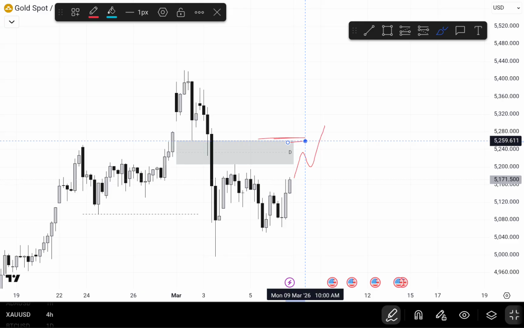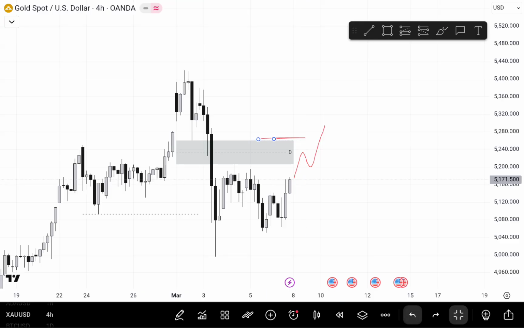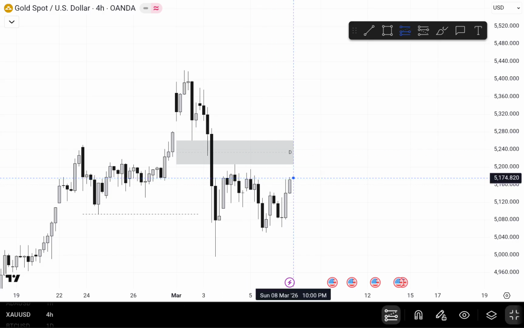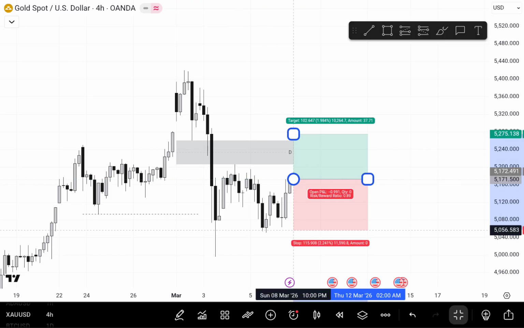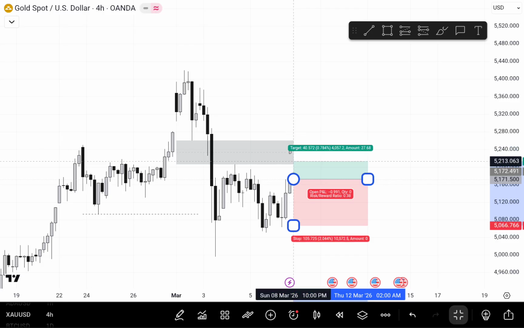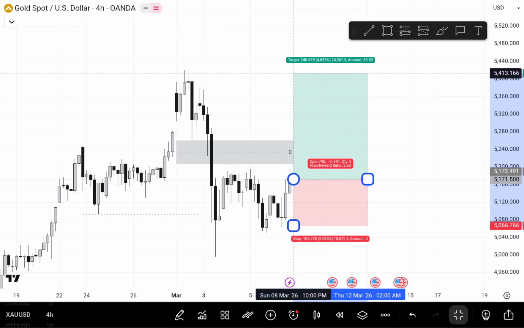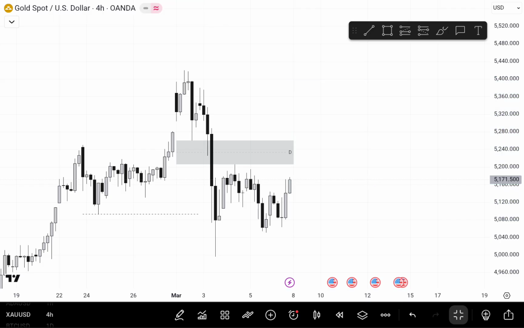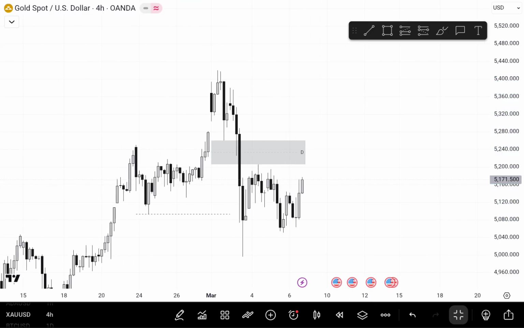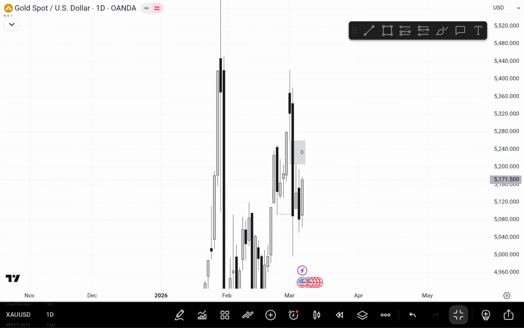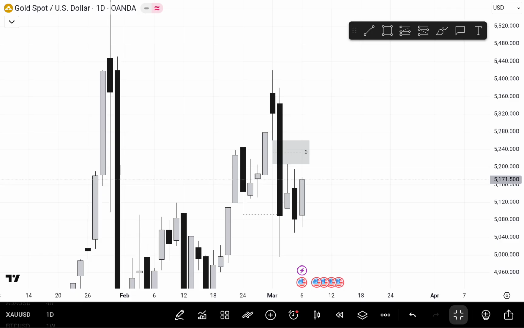So normally I would have placed my entry, just taken this 4 hour fair value gap as an entry, but it's actually low probability because of this opposing daily fair value gap that we have. So I'm waiting for a more clear direction, because this daily is saying something else from the weekly and monthly.